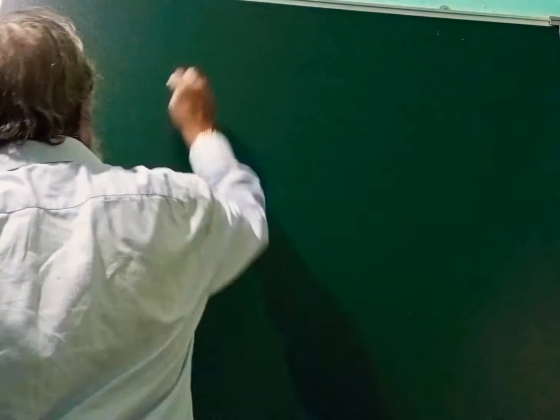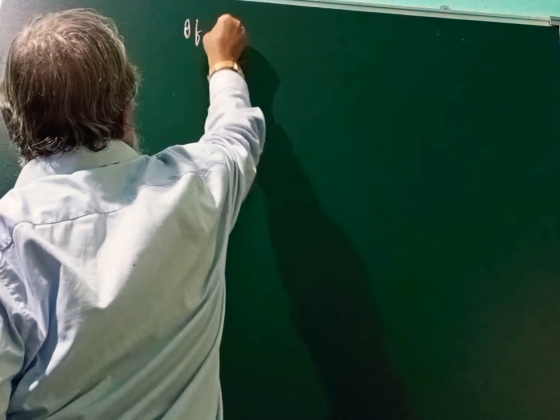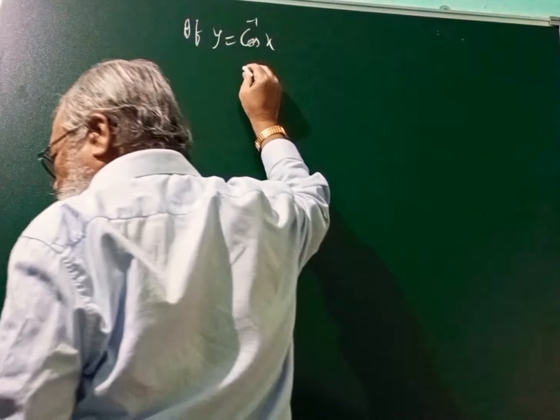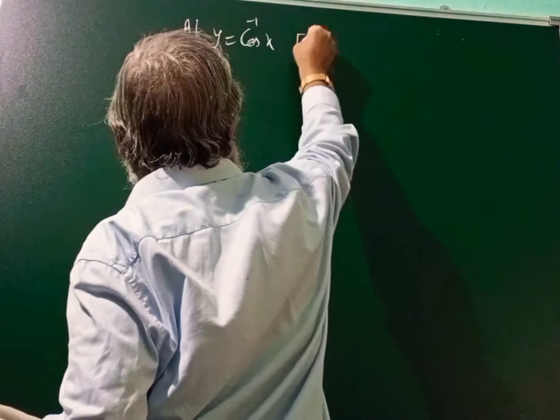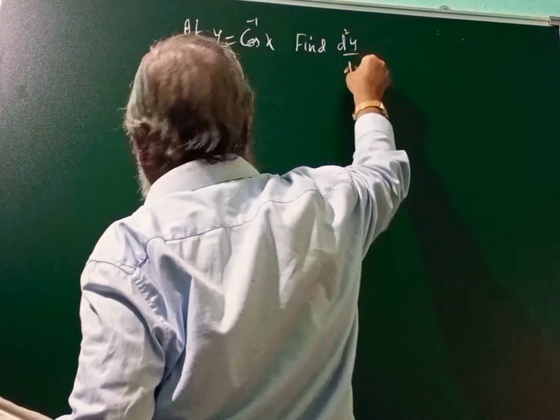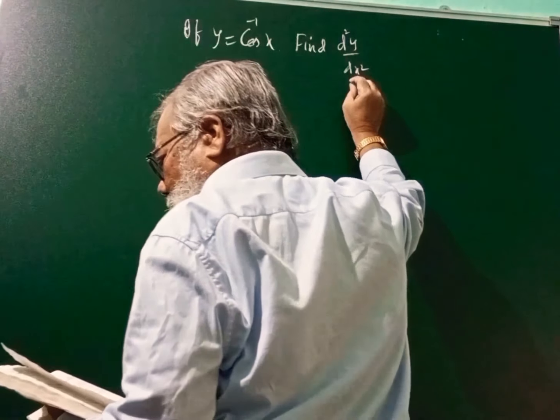If y is equal to cos inverse x, find d square y by dx square in terms of y alone.